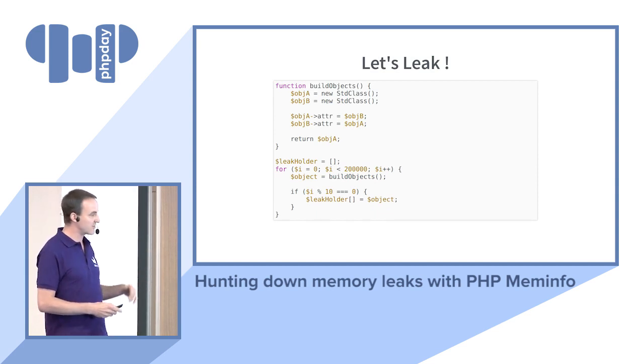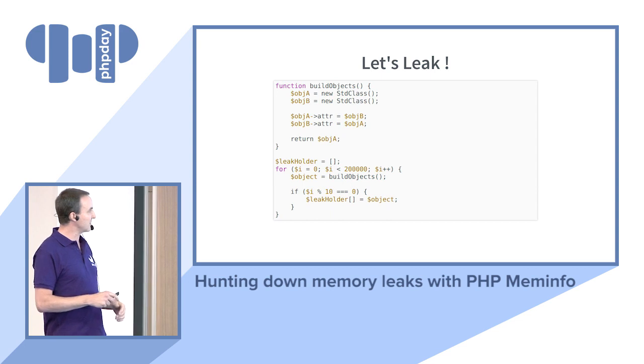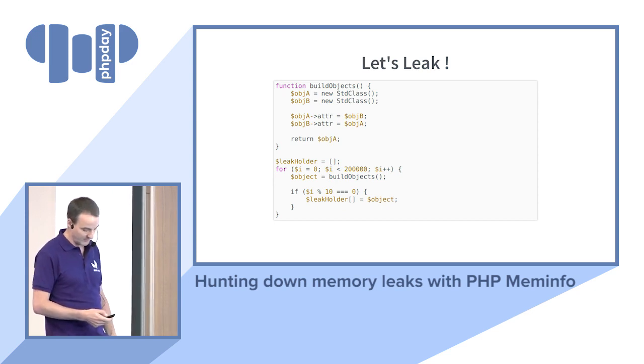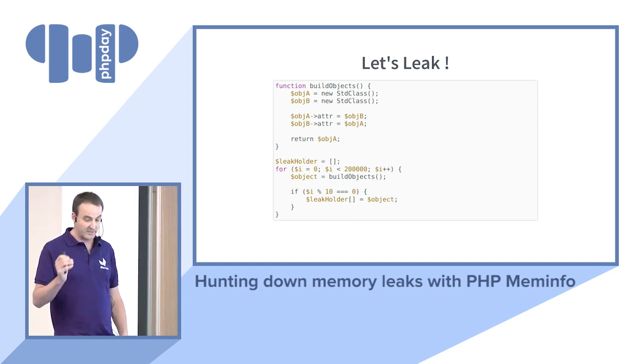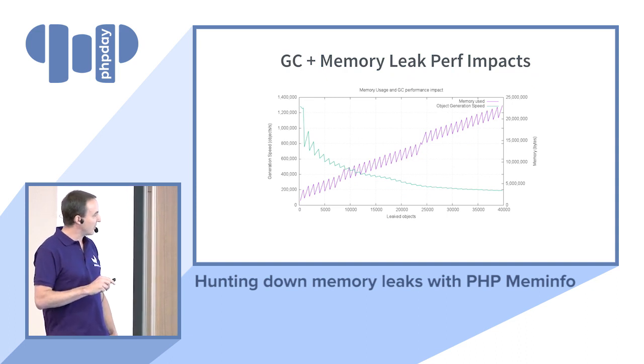So let's try to simulate a memory leak. I still have my build object, but this time I'm returning object A, and I keep one object A out of 10 inside this leak holder. Let's look at the impact in terms of performance. On the blue curve, you get the performance of your application.